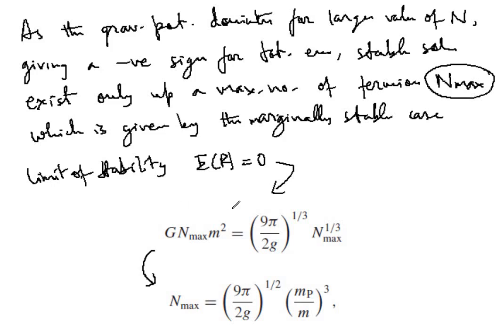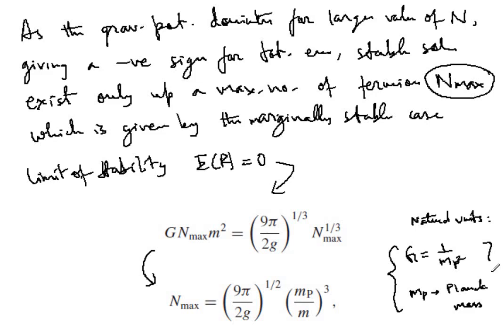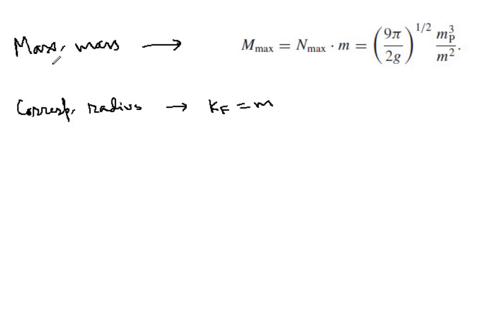Now note that here we have set G equal to 1 by mp square in natural units. Okay, and this mp is basically the Planck mass. And so here you see the maximum mass, which is just this n max times the mass of a free fermion, is given by this relation.